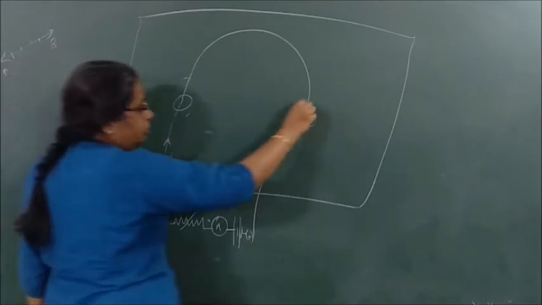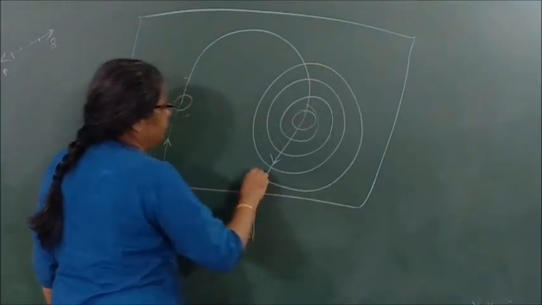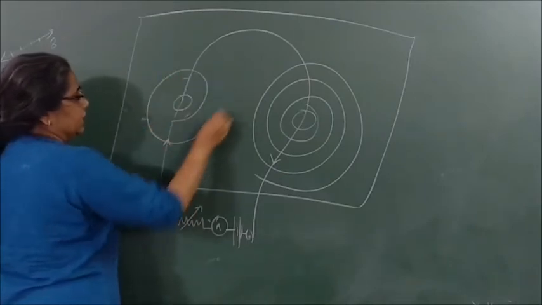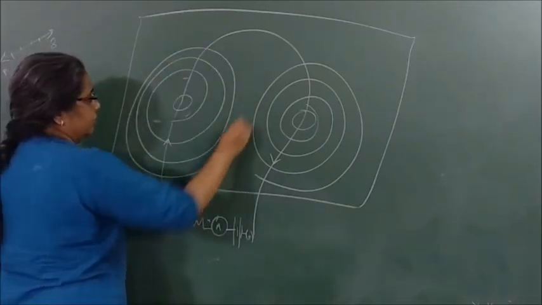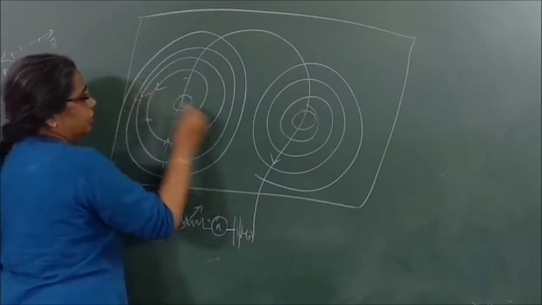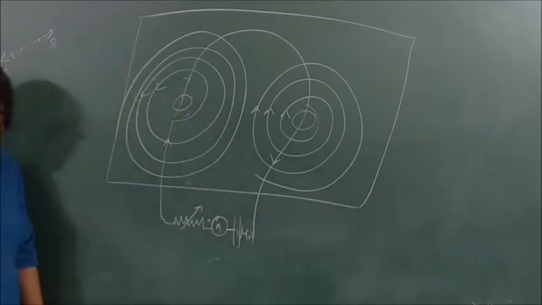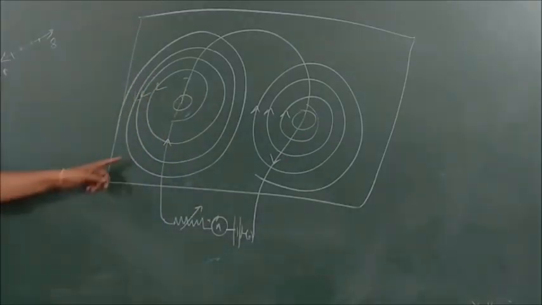Where it comes down, it is clockwise. Where it goes up, it is what? Anti-clockwise. At the center, you find they are what? Parallel and uniform. And how do I identify? Okay, this is easier to draw.